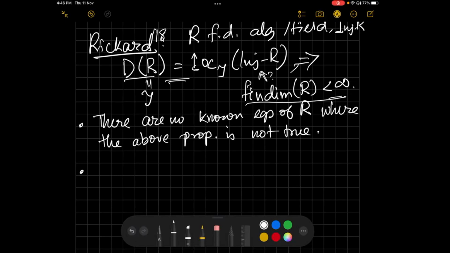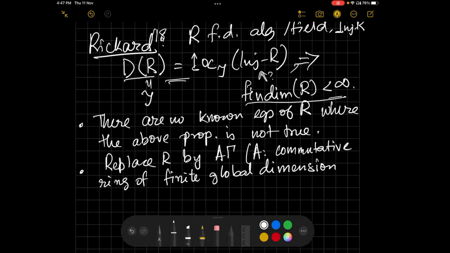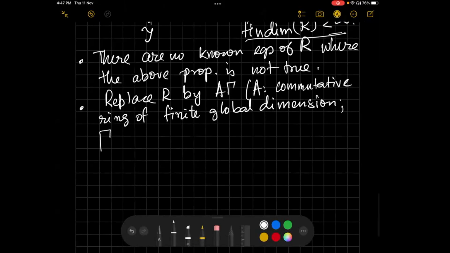the injective generation property. So what I'm going to do is replace R by a group algebra Aγ, where A will be a commutative ring of finite global dimension, and γ will be a group, not an arbitrary group, but a group belonging to a large class of groups. I will define this large class very explicitly in a minute.